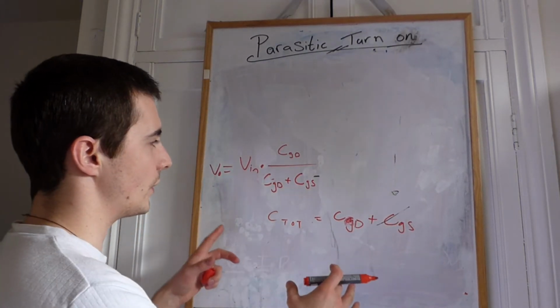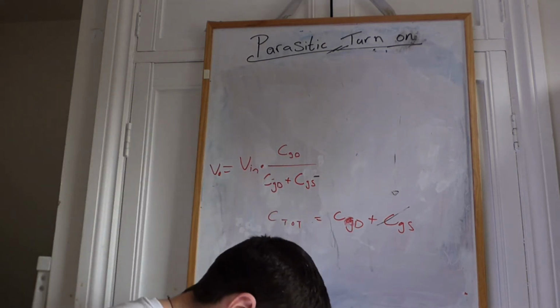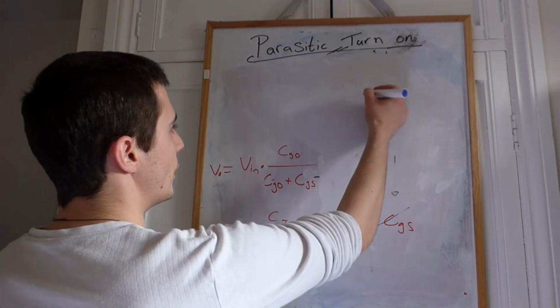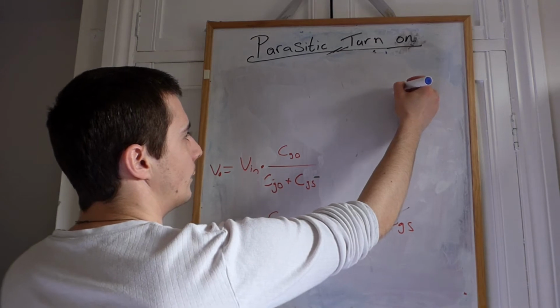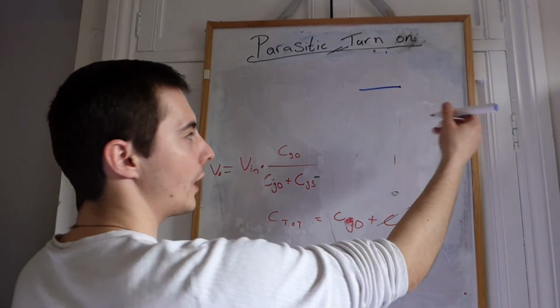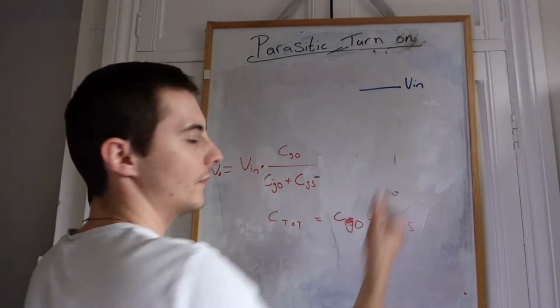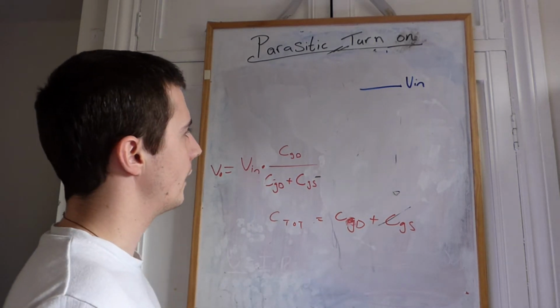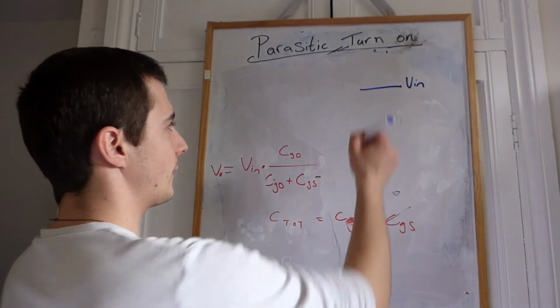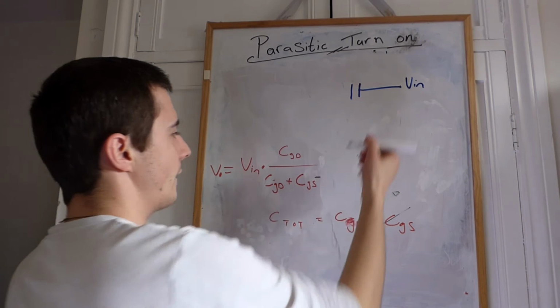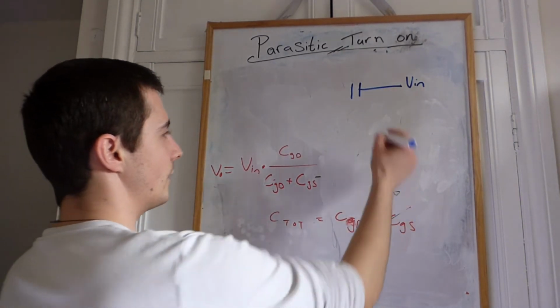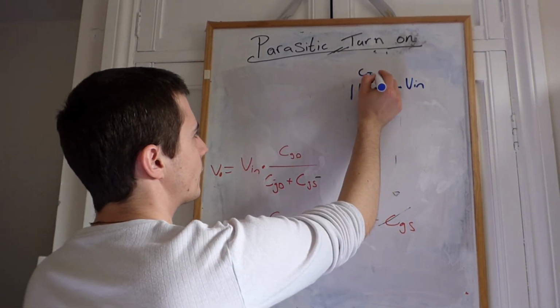And now what we can do is construct an equivalent circuit, which would be our input voltage. I'll keep it on the right hand side because that is sort of how I've been doing it, just so I don't flip things around and make things confusing. We have a capacitor, which we've said is going to be C total.